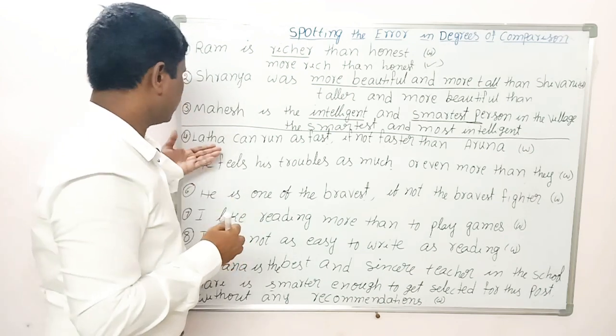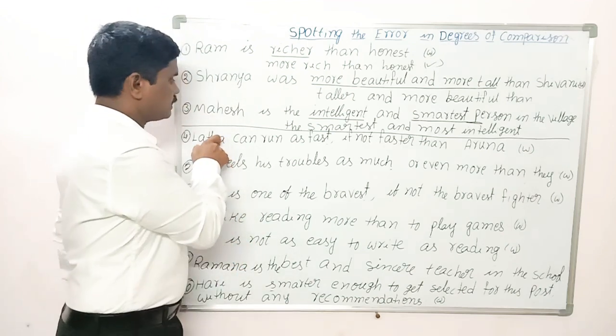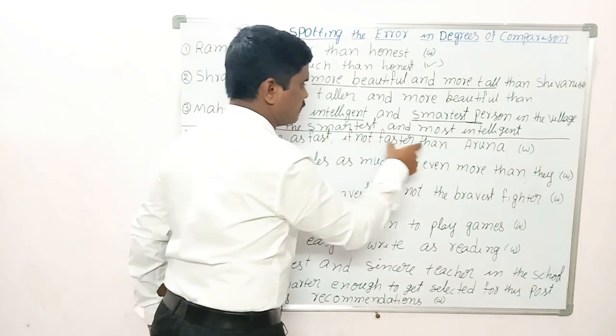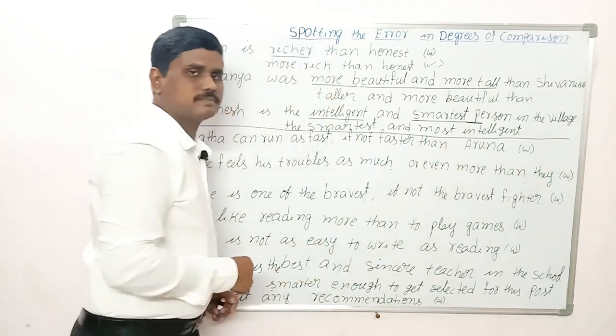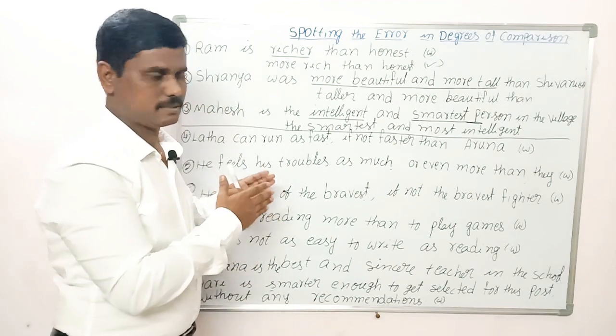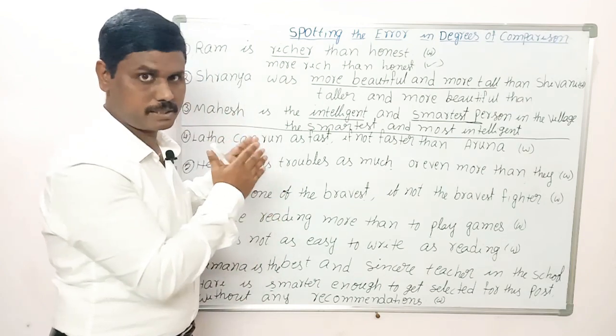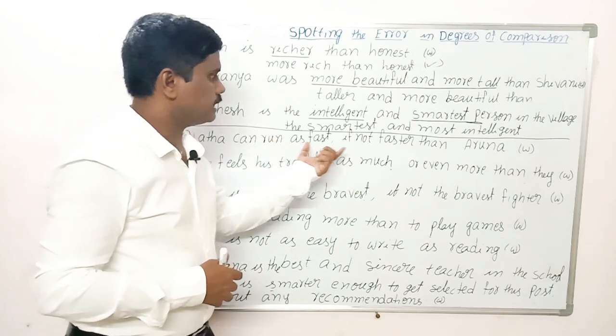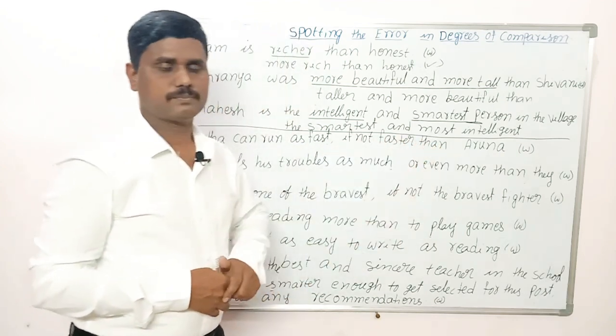Now let us come to the next sentence. Lata can run as fast, if not faster than Aruna. Friends, listen very carefully, meticulously, please listen. Here one is a positive degree, another one is a comparative degree.